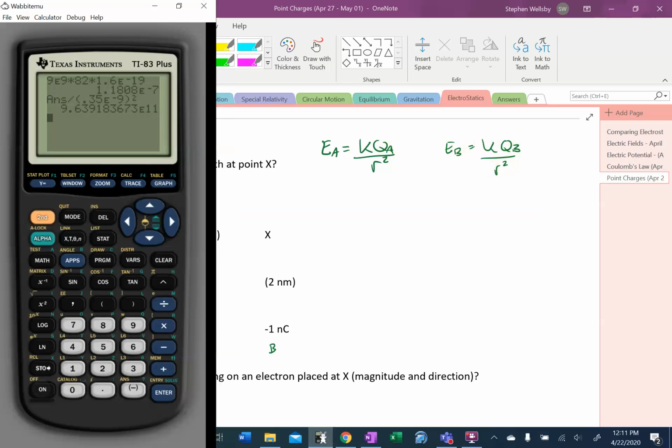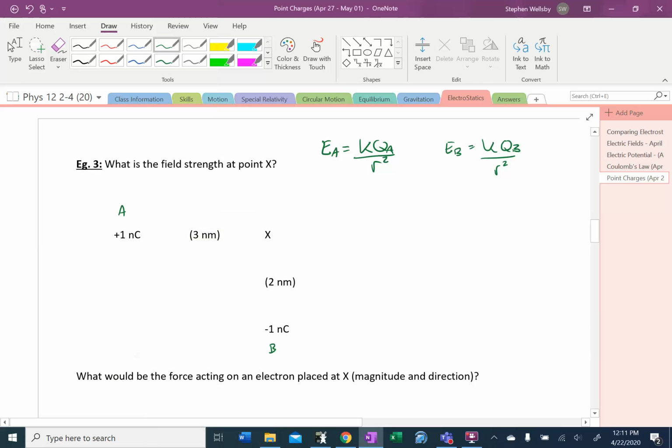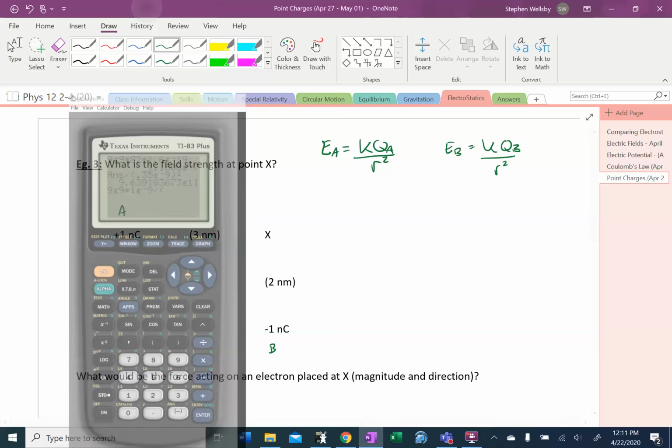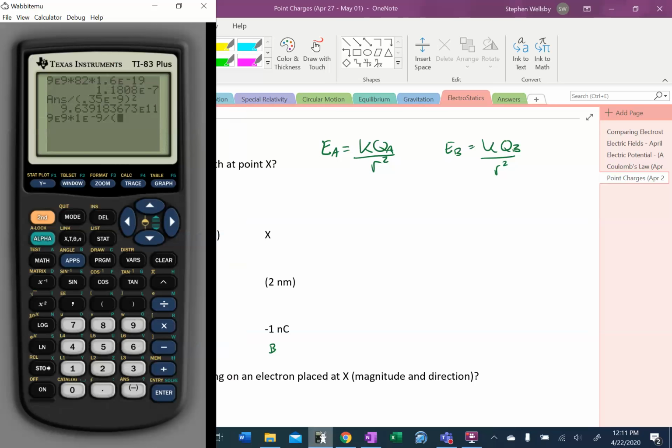So for A, we have K times Q, and we said it was 1 nanocoulomb, so times 1 times 10 to the minus 9, divided by R squared. Now R, we said was 3 nanometers, so divided by 3 times 10 to the minus 9 squared.